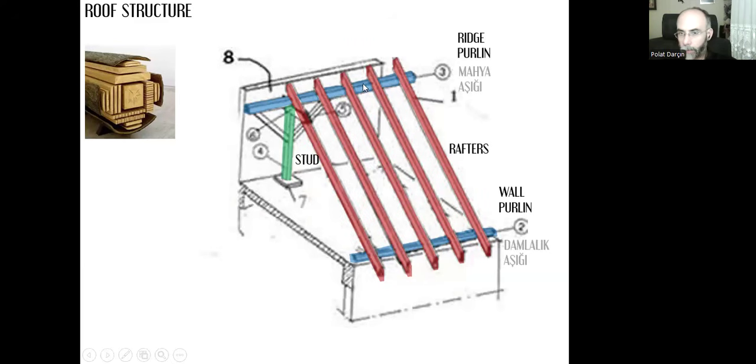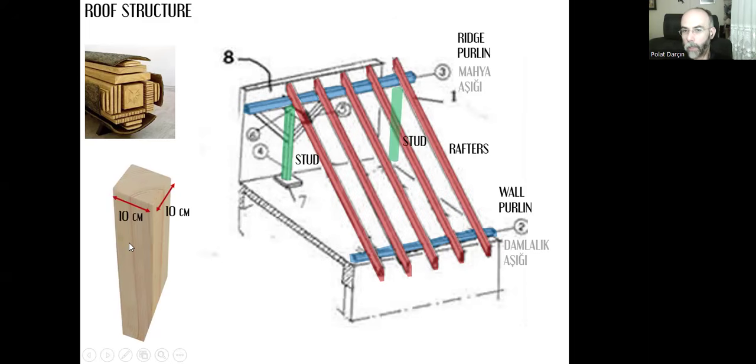And each purlin, if it's elevated from the surface of the floor, then we need studs. Here, as you can see, the ridge purlin is supported with one stud, and for the studs, we can prefer a square shape, like 10 centimeters by 10 centimeters. The height of this piece doesn't matter.